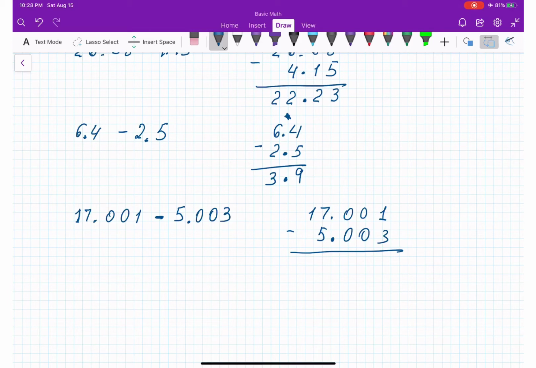So I'm going to borrow. I cannot borrow from this first 0, because it's 0 itself. I cannot borrow from the second 0, then I can borrow from 1, right? From 7. So if I borrow from 7, it's going to come here, will be 10, right?